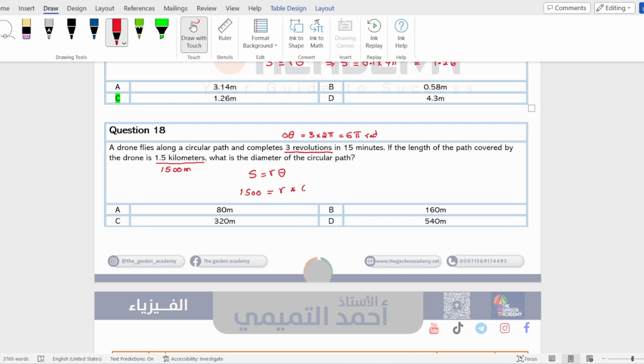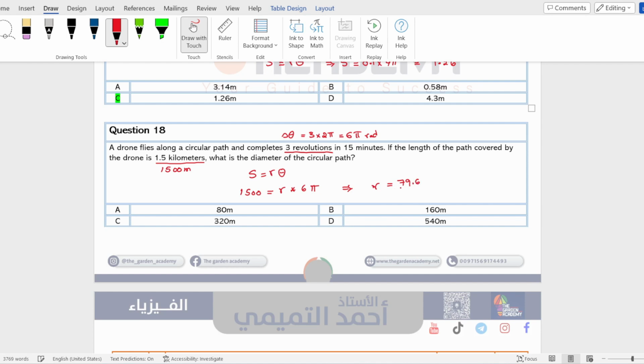So we say 6 pi, then we do shift solve. The answer will be around 79 something. So let's say R is equal to 79.6.